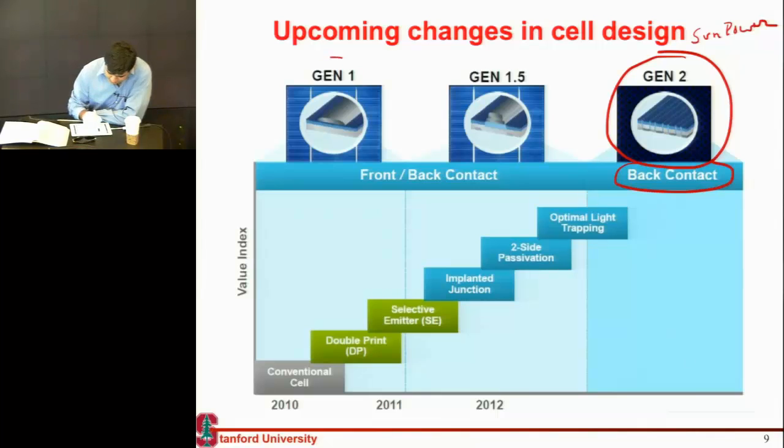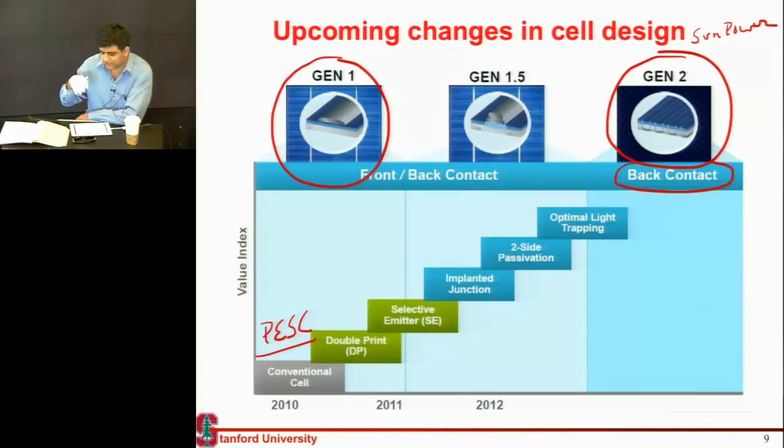But most of the market, more than 80 or 90% of the shipments, is based on the passivated emitter design, where you have aluminum alloying from the back and a silver contact from the top. So it has both front and back contacts, a contact at the front of the solar cell as well as at the bottom of the solar cell. And basically the path for everybody is clear. Everybody wants to move from this to this.